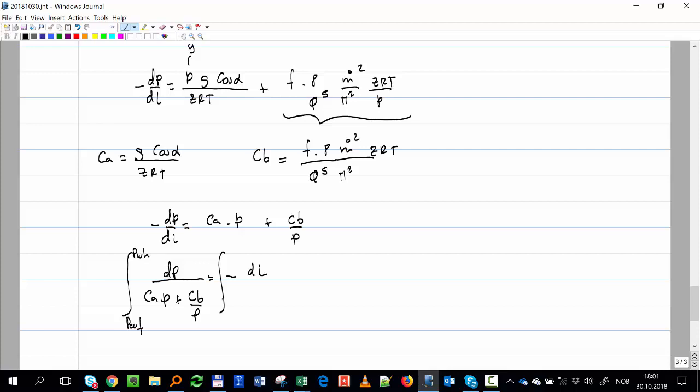And I integrate the length the same way, 0 to the top. Let's call this small l, and this big L. Flowing bottom hole pressure is the pressure at the inlet of the tubing.